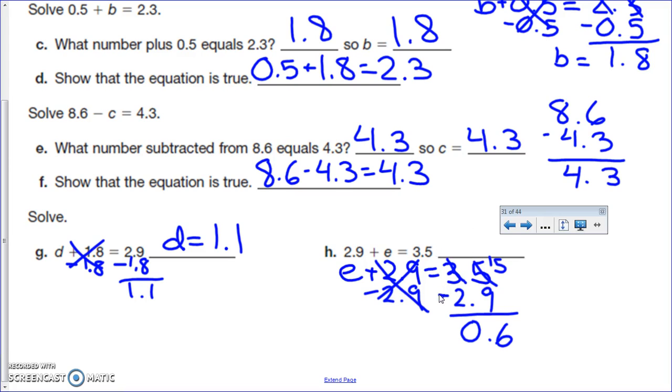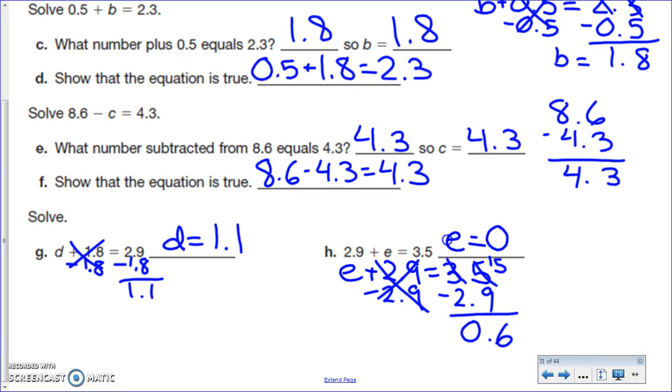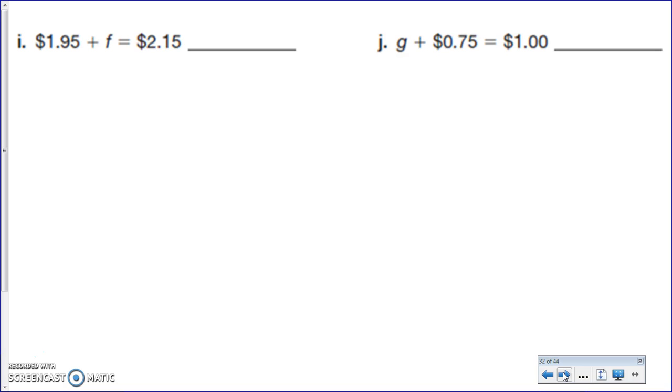So our answer becomes e equals 0 and 6/10. For i, we have $1.95 plus f equals $2.15.